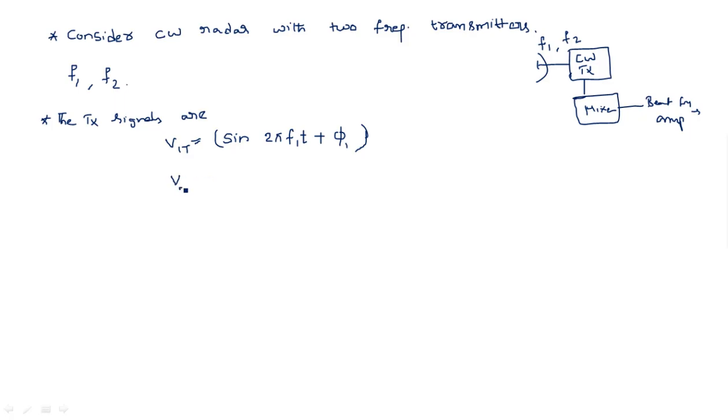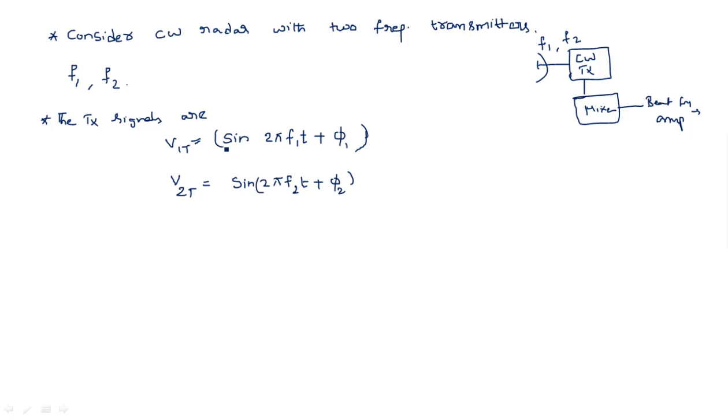And the second signal we are transmitting with a different frequency f2: V2 is equal to V2 sine 2 pi f2t plus phi 2.